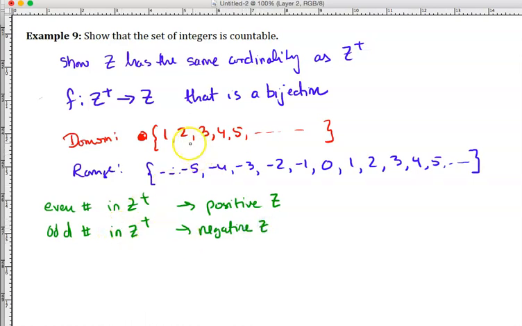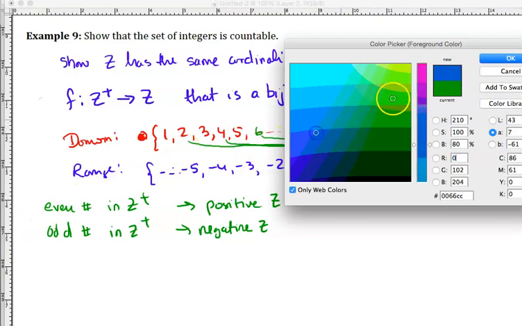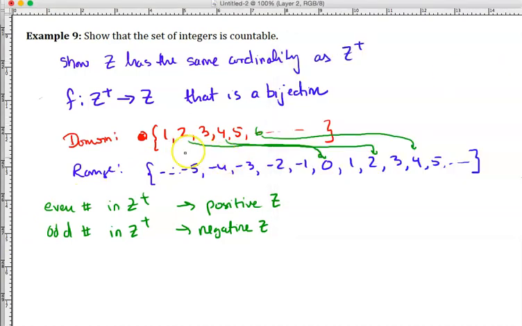Basically 2 would pair up with 0, 4 would pair up with 2, 6 would pair up with 4, and so on. I've been skipping too many. Let's backtrack a little bit. Okay, so let's try that again.